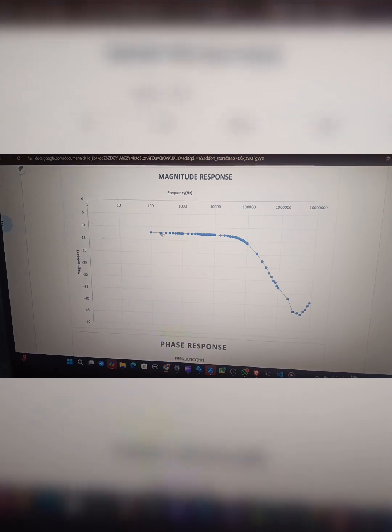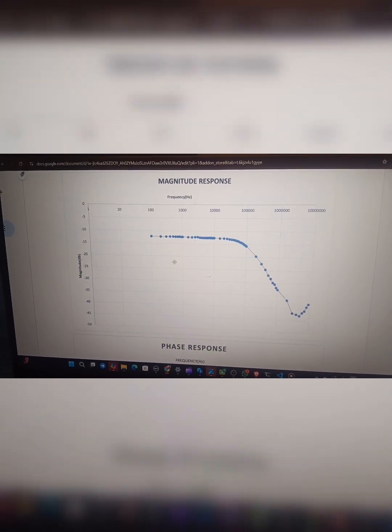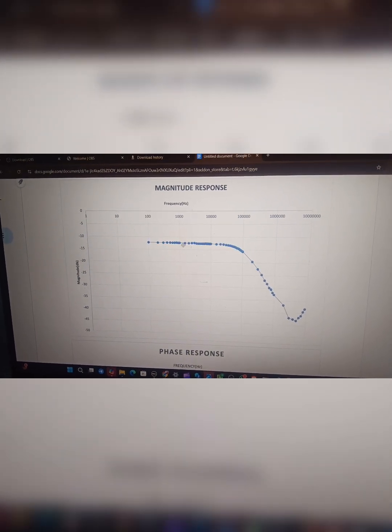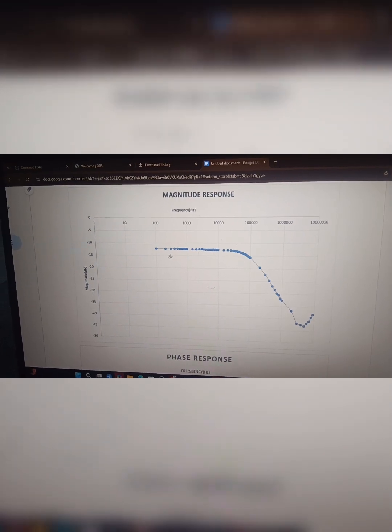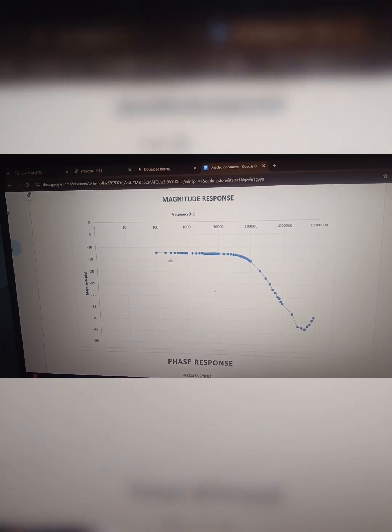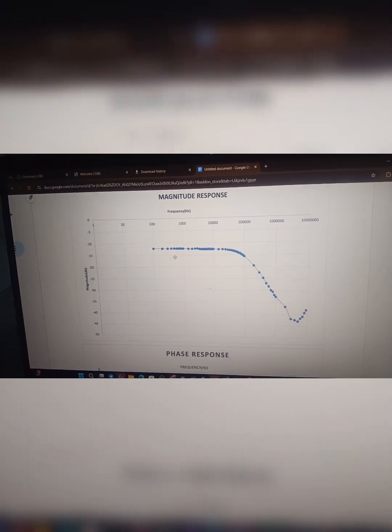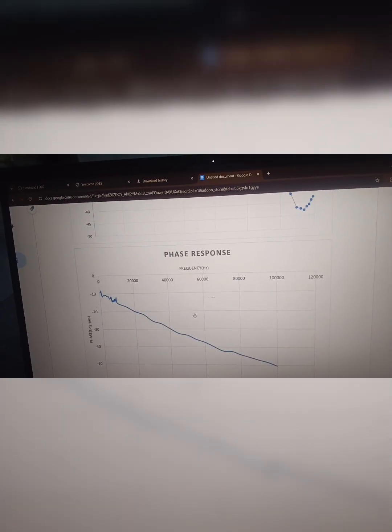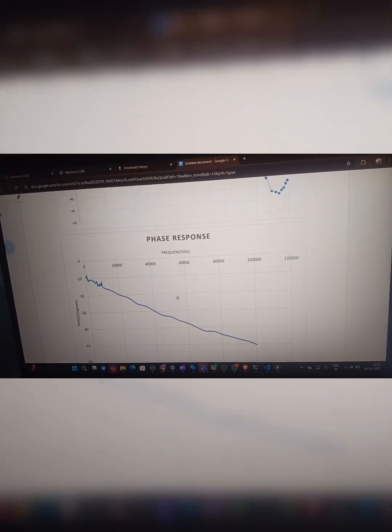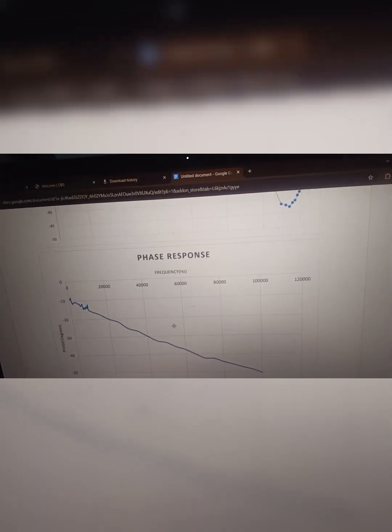This is our second experiment, and here is the graph between magnitude response and frequency, and here you can see that the graph is decreasing. Here we can see that our maximum gain is obtained at 3100 Hz frequency, and the second graph is the phase response. The second graph is between phase response and frequency, and the graph obtained is decreasing.